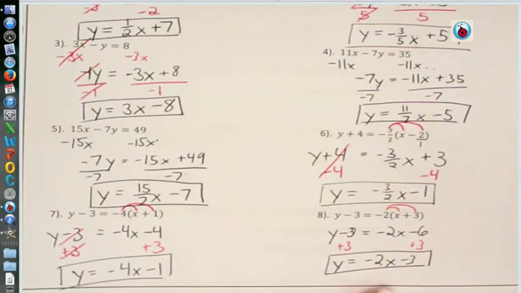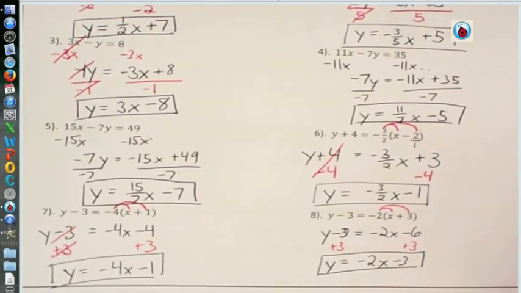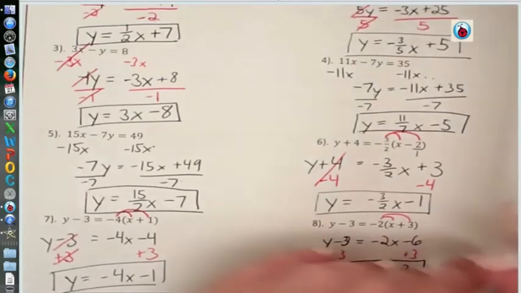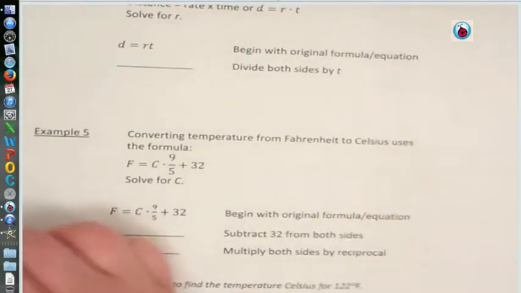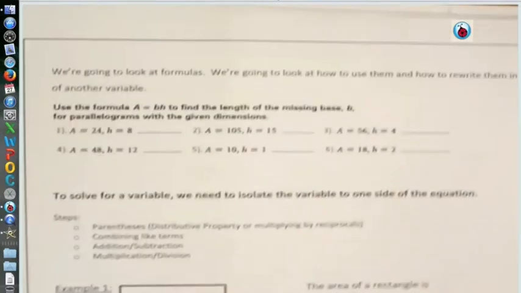All right, so this demonstrates one area where solving for one of the two variables is useful when we're trying to put an equation into y equals mx plus b format. The other useful application of this is in using formulas. If you flip over to page 94, we're going to look at some formulas. Formulas are used often in math.